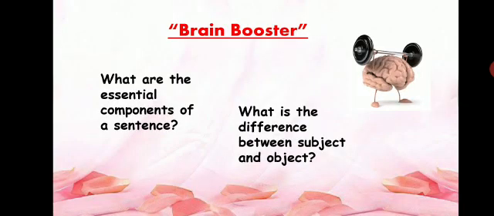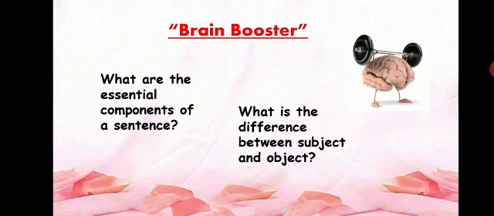Now, before talking about their definition, let's do some warm-up or brain-boosting activity. So students, what are the essential components of a sentence, and can you differentiate between subject and object? Yes, you all know the three essential components of the sentence.